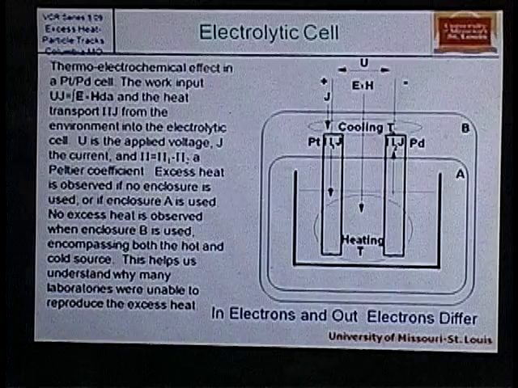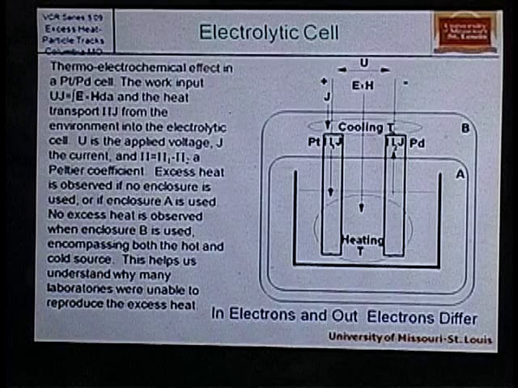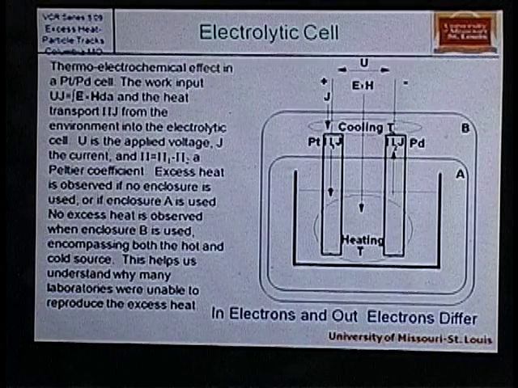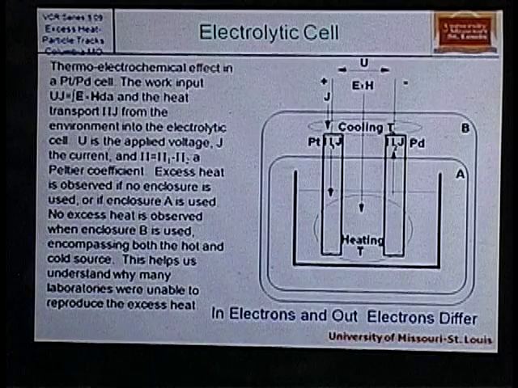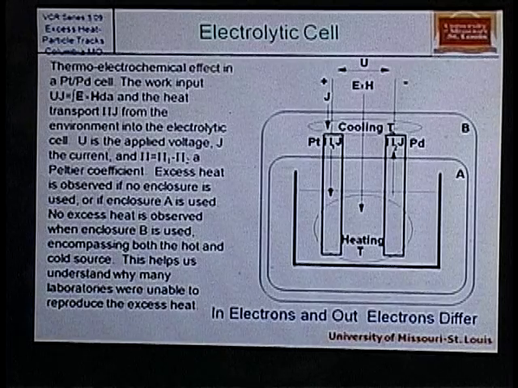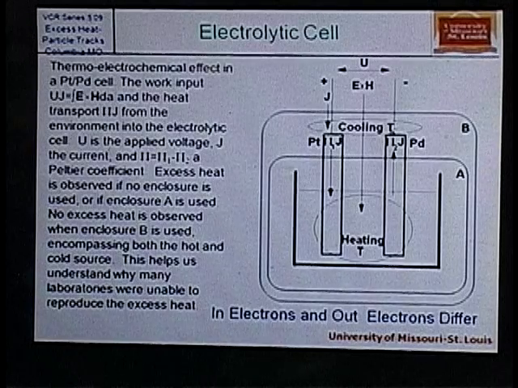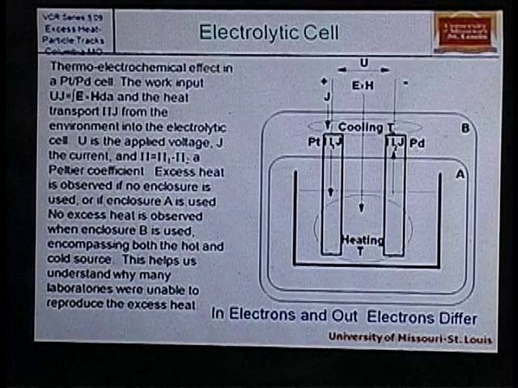So what's happening is that when current flows through, the electrons which come in are not identical with the electrons which come out.